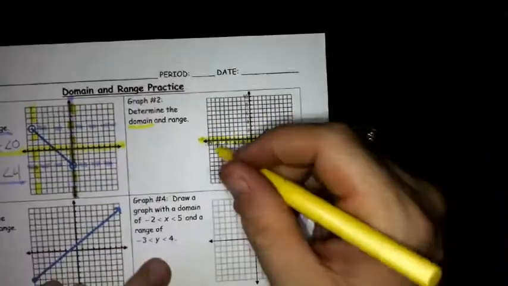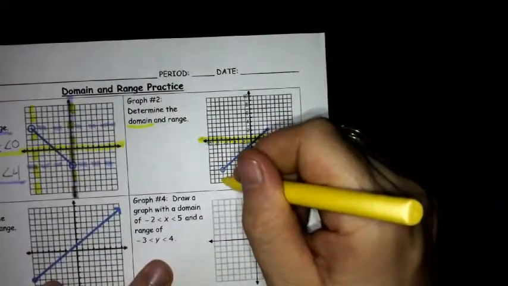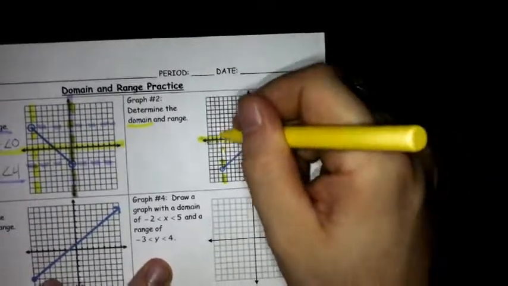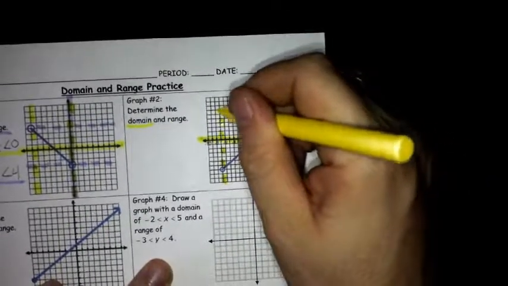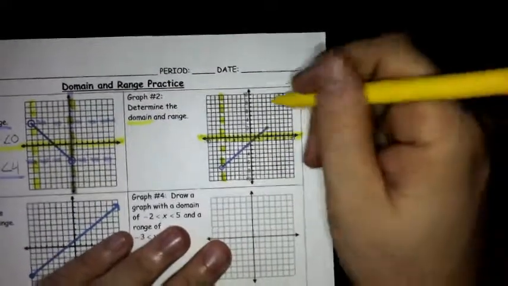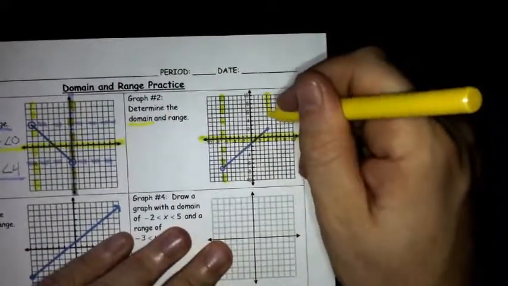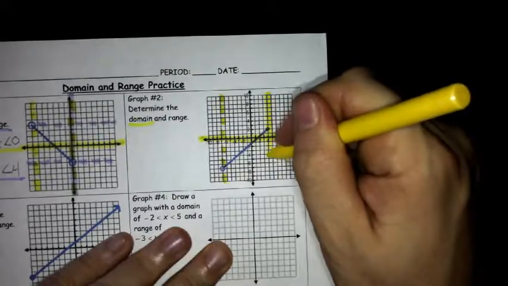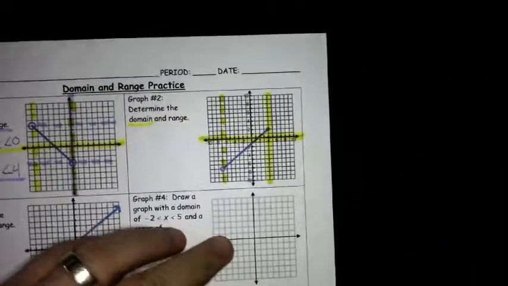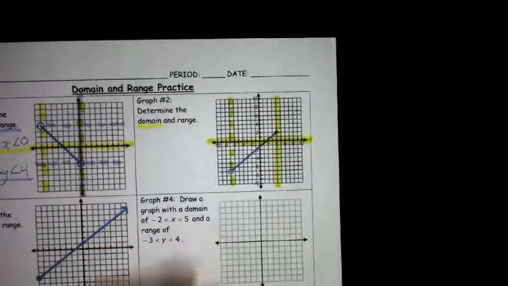The leftmost coordinate is an open circle, and so I'm going to do a dashed line. My right one is just a dot, so that means it actually touches this line. And so I'm going to do a solid line there for that boundary.